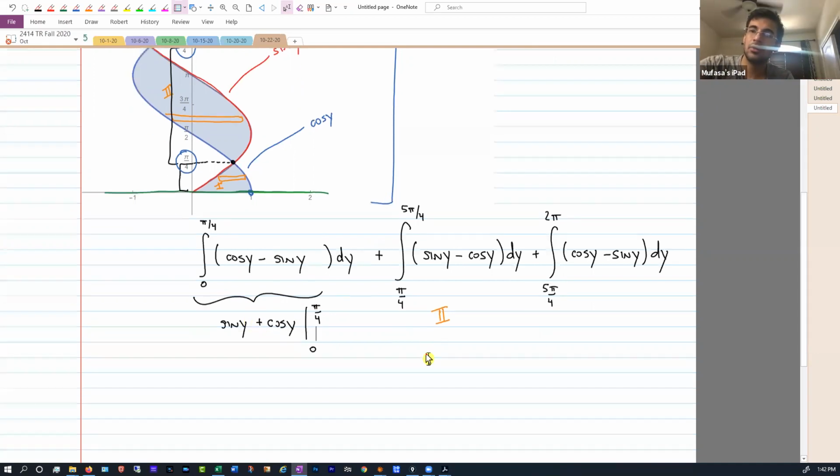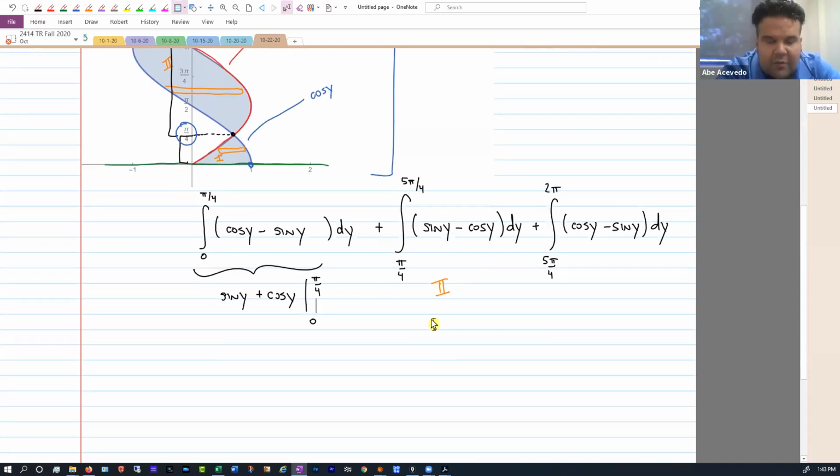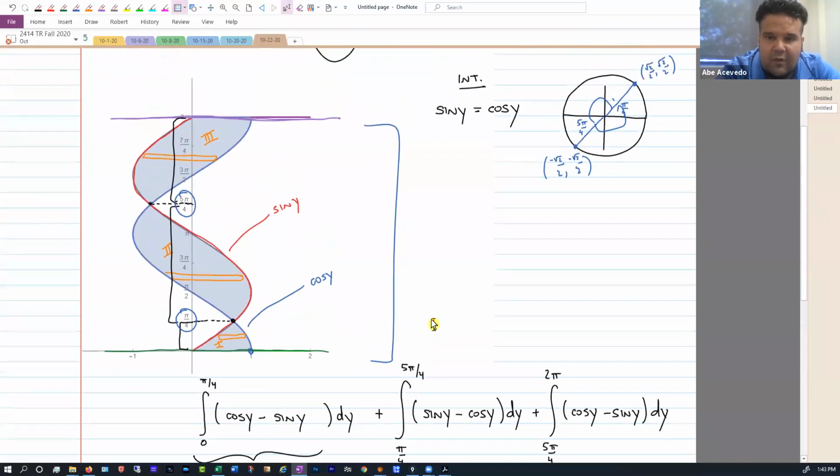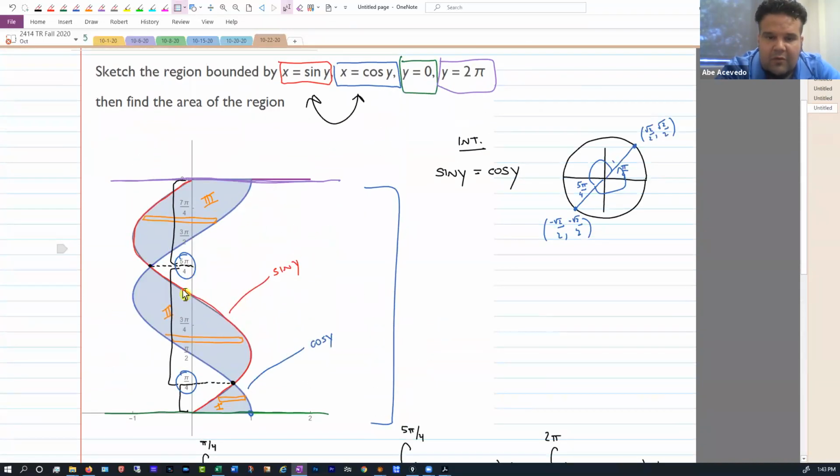Now, real quick, how did we determine the numbers? Pi over 4 and 5 pi over 4, we got those from setting the two curves equal to one another. Sine y equals cosine y, and then using the unit circle to ask when sine is equal to cosine, at what angles? Sine and cosine are the y and x coordinates, right? Cosine is the x coordinate, sine is the y coordinate. So where on the unit circle are the x and y coordinates identical?